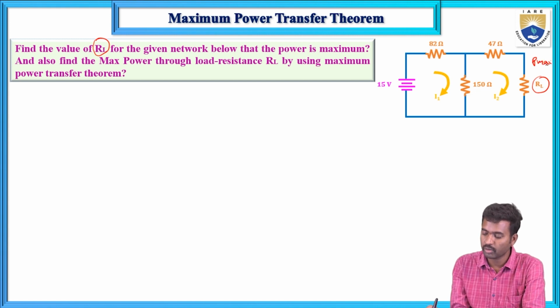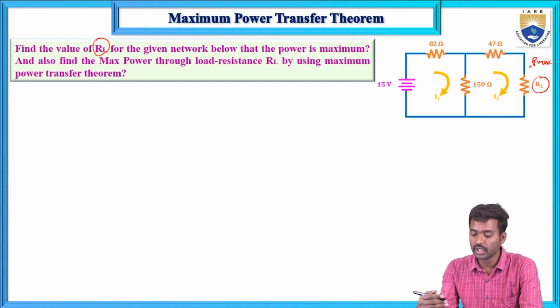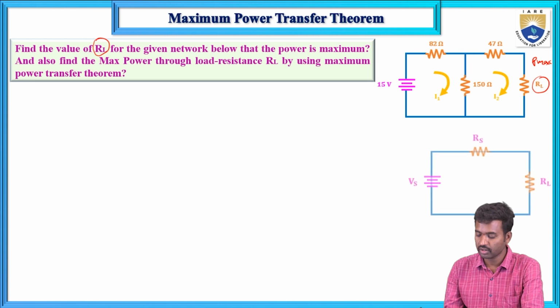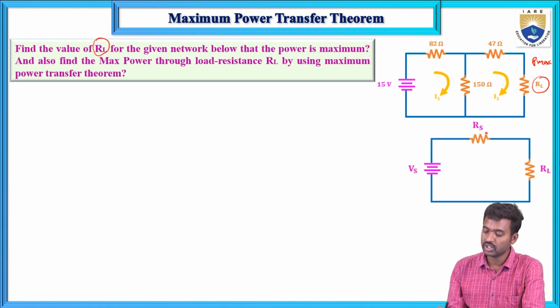So first convert this circuit into the Thevenin's equivalent circuit, which is a voltage source in series with a resistor, connected across the load terminal. Here you need to determine RL.